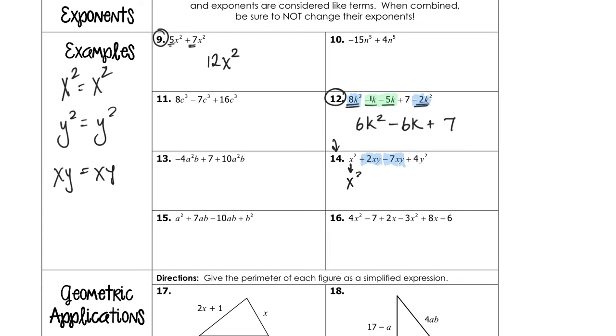The things in blue become a negative 5 because 2 minus 7 is negative 5. Just make sure you match it up with an xy. And then write plus the 4y squared, which had no partners. And then that problem is done. It's finito. Number 14 is very similar to problem 15, and number 12 is very similar to 16. So if you want to get some practice, pause the video and do these problems.